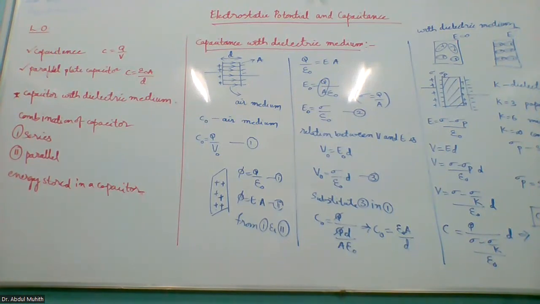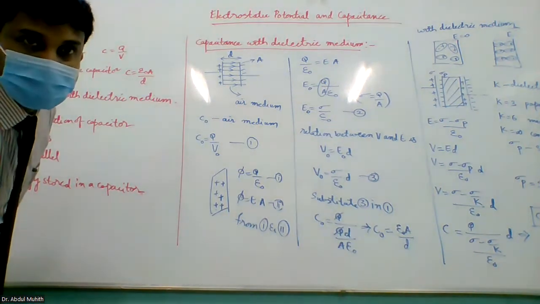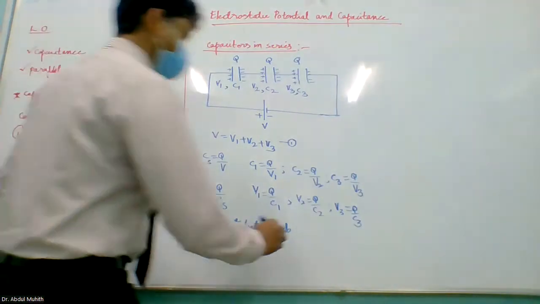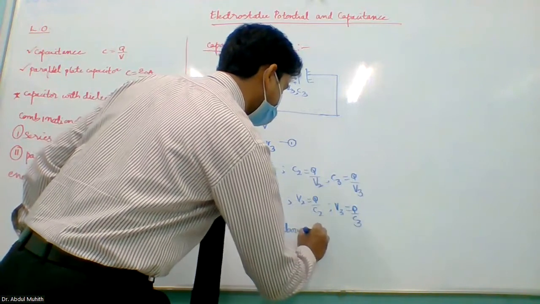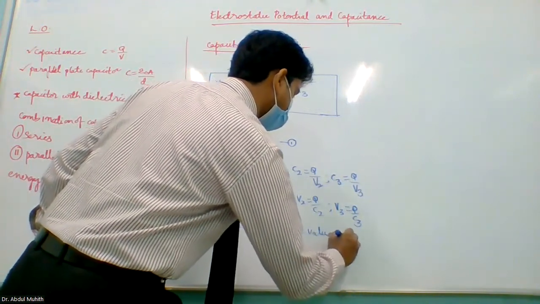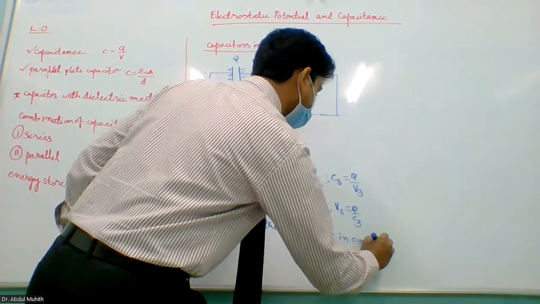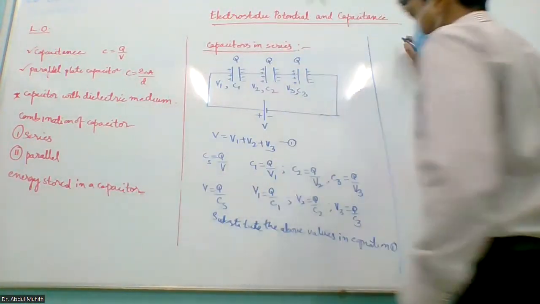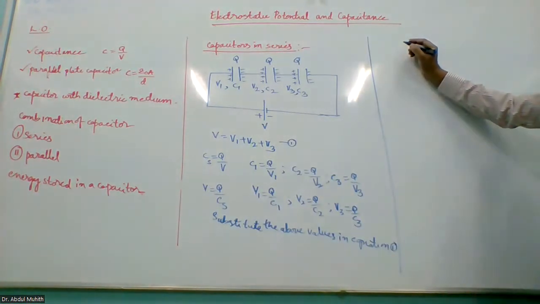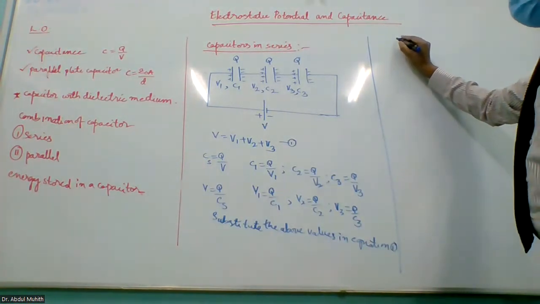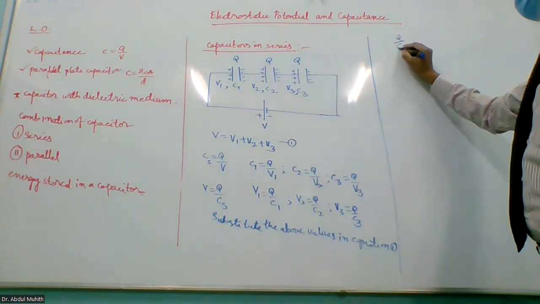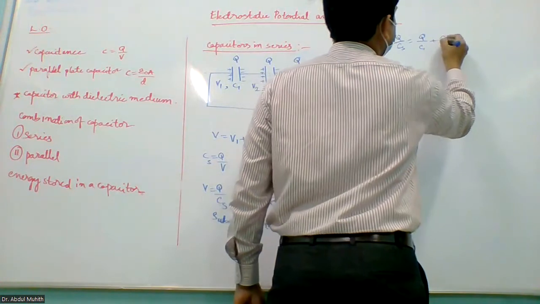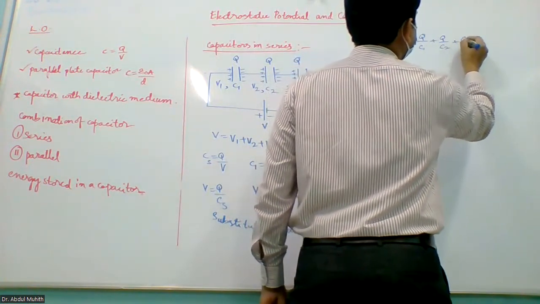Speed up here. Substitute the above values in equation number 1. So what will happen now? We get Q by Cs is equal to Q by C1 plus Q by C2 plus Q by C3.